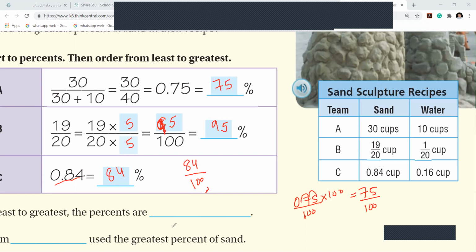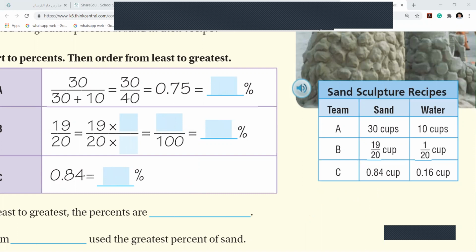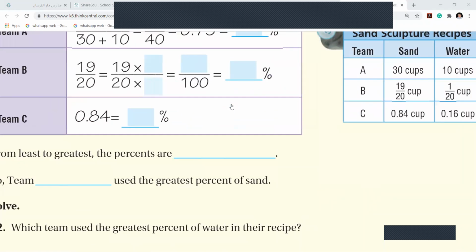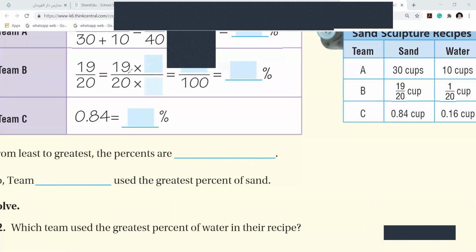That is 75, 84 and 95. You will write 75%, 84%, and then you have 95%.